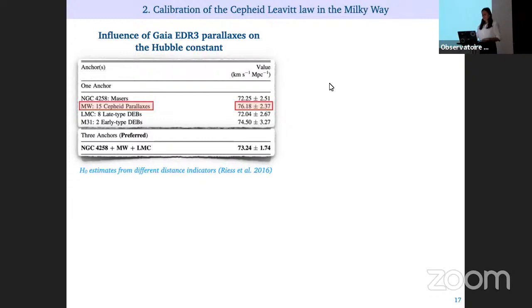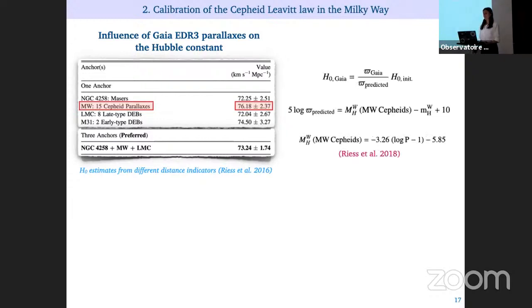So I replaced the previous parallaxes by Gaia parallaxes. This is the procedure. H0 Gaia is what we want to evaluate. This is the parallax from Gaia, and H0 initially is 76. To derive the predicted parallax, I used this equation between absolute parallax and apparent magnitude in the Wesenheit index.